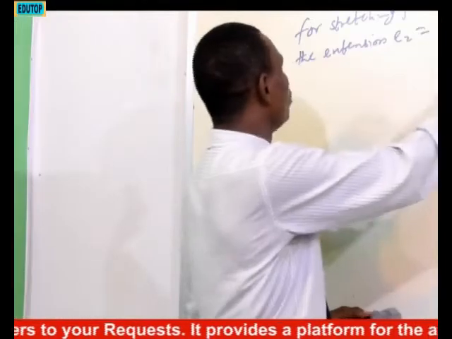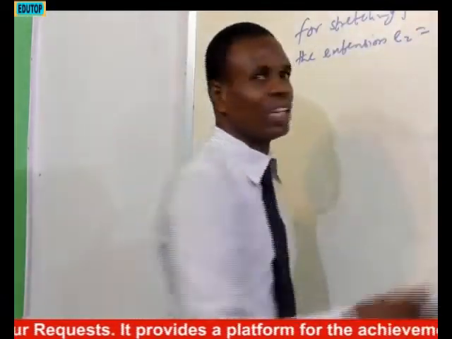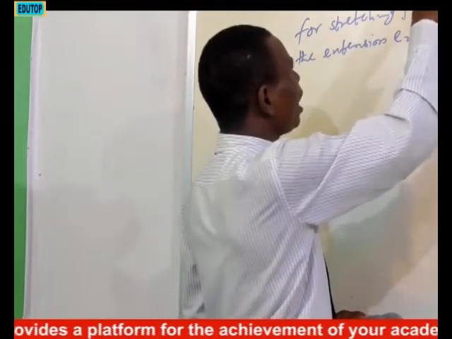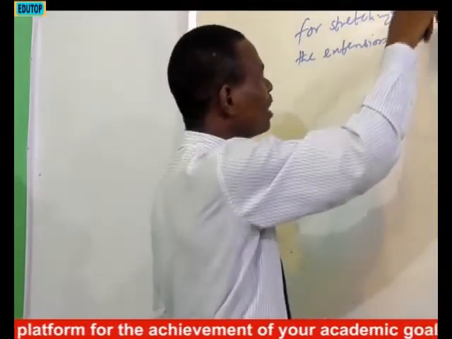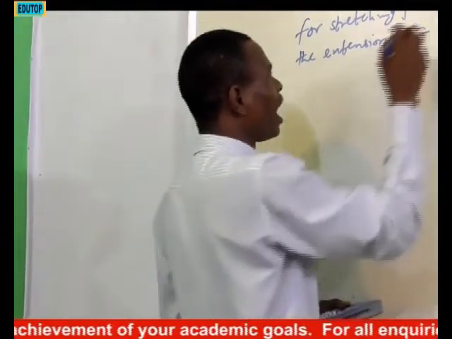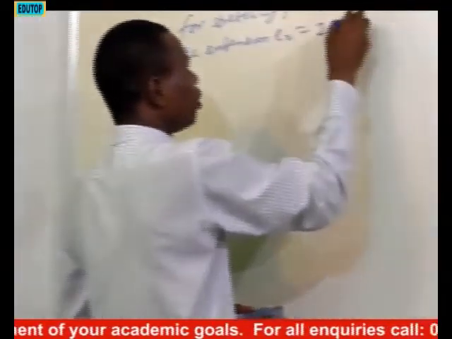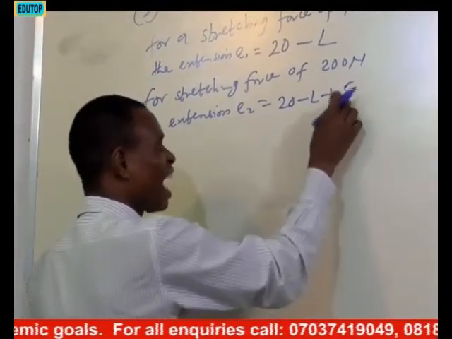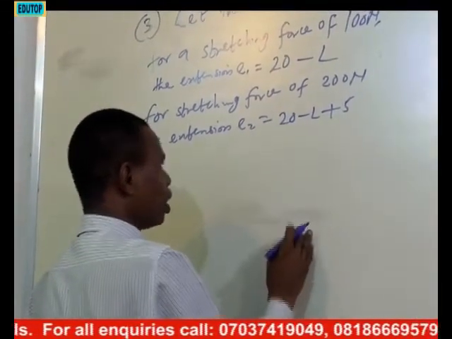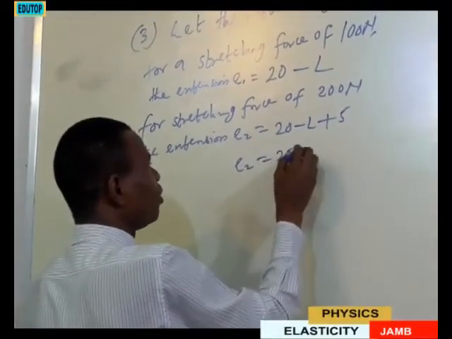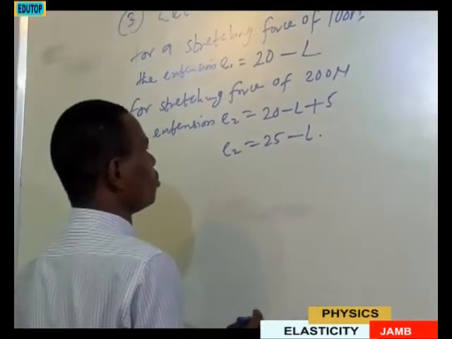So for a stretching force of 200 Newton, then instead of having 20 centimeter, it now turns to 25 centimeter for 200 Newton. So we are going to have 20 minus L plus 5. That is the additional 5 that adds to the extension. Okay? So our E2 will now become 25 minus L.